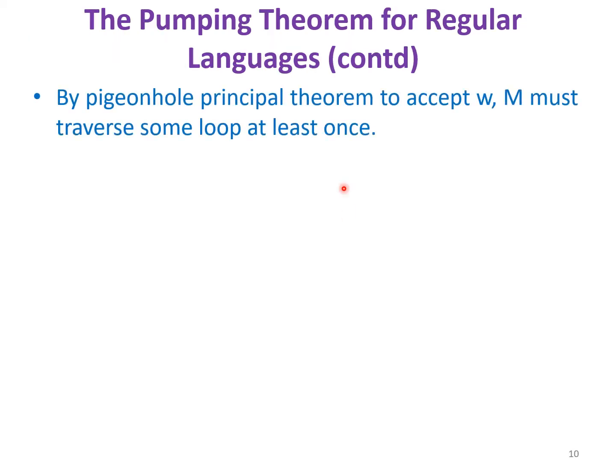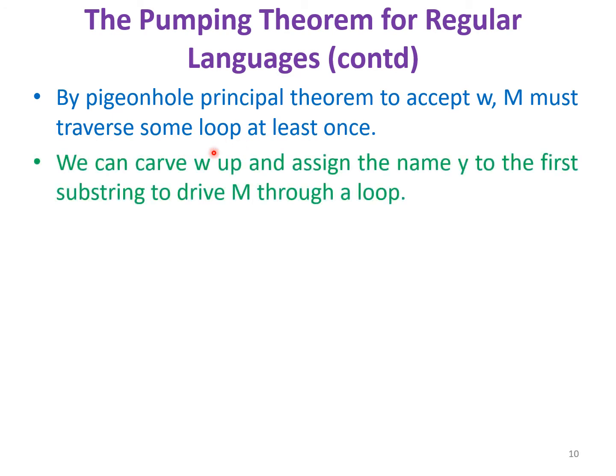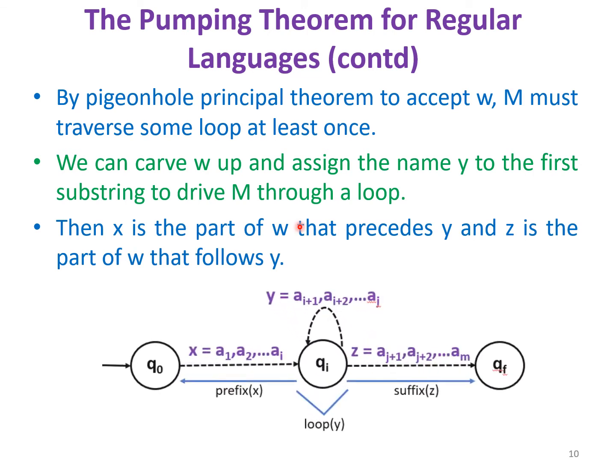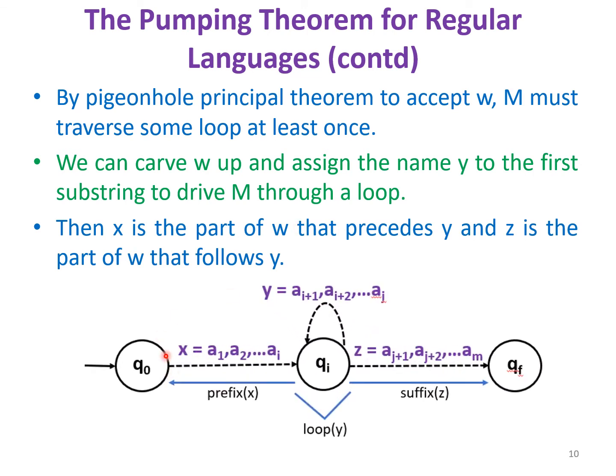By the pigeonhole principle, to accept w, M must traverse some loop at least once. We can carve w up and assign the name y to the first substring to drive M through a loop. Then x is the part of w that precedes y, and z is the part of w that follows y.